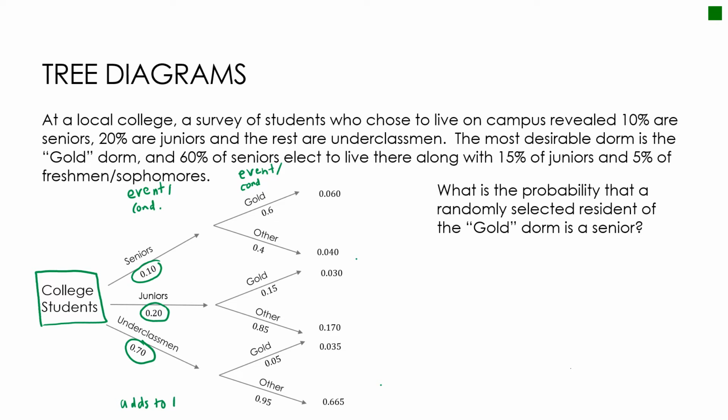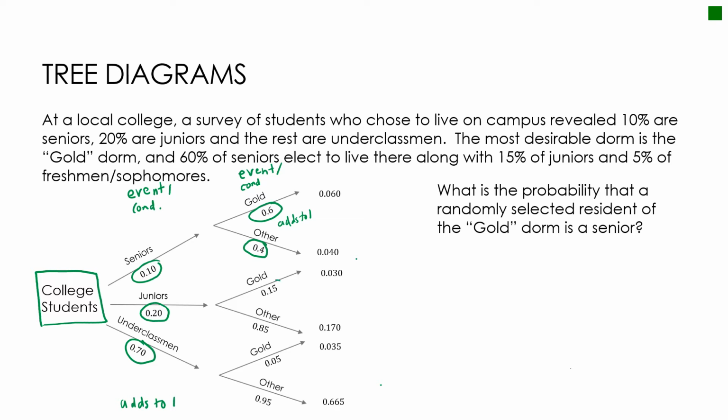From here, this is where the tree diagram is so helpful to us, because if it wasn't conditional probabilities, if it wasn't based on whatever the condition was before, then it would be a lot easier to figure out. Just multiply, multiply, multiply, no big deal. But here, seniors have 60% in the Gold Dorm and 40% not in the Gold Dorm. Again, this adds to 1.